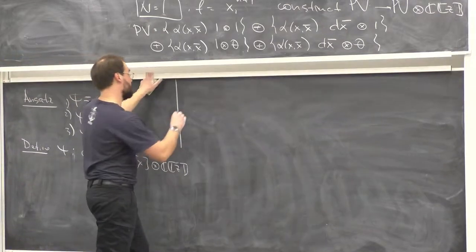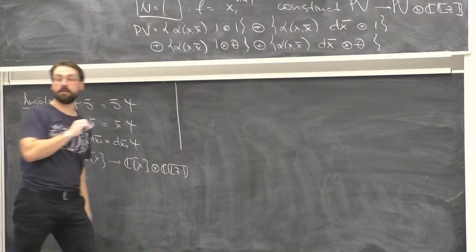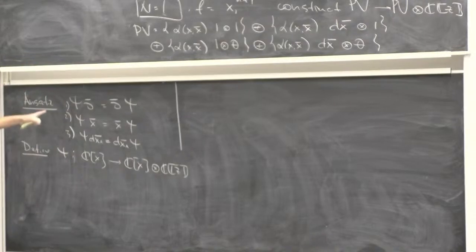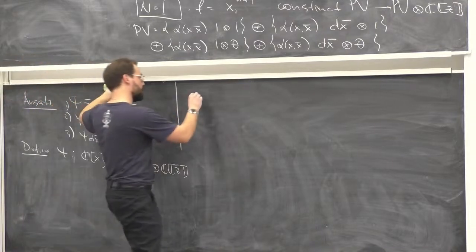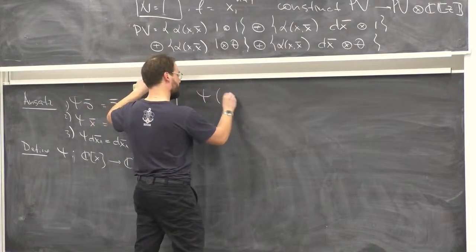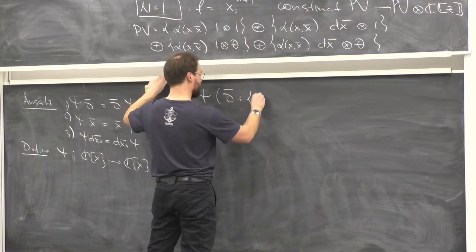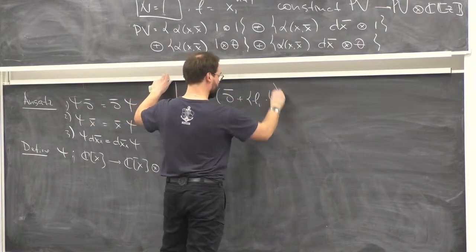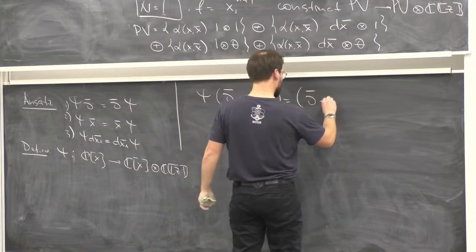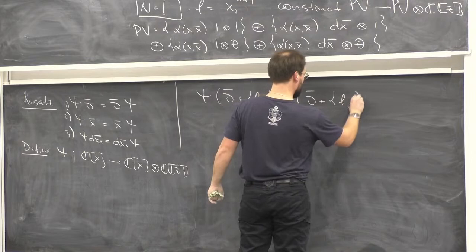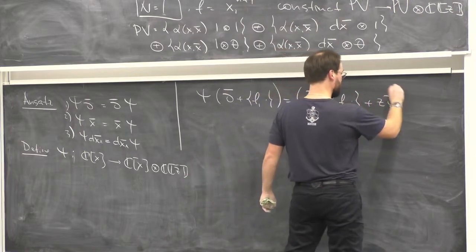To do that, how is this first equality consistent with psi d being equal to d plus z? Very easy. What I want is that psi of d plus bracket f is equal to d bar plus bracket f plus z d psi.